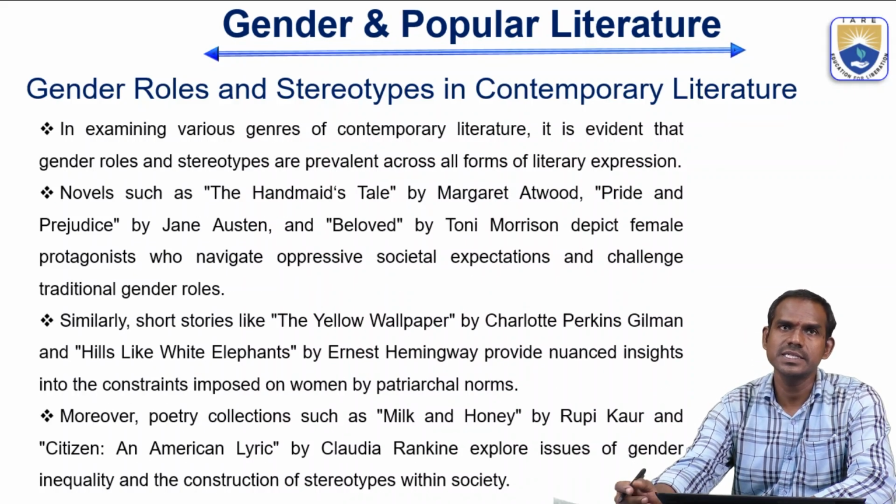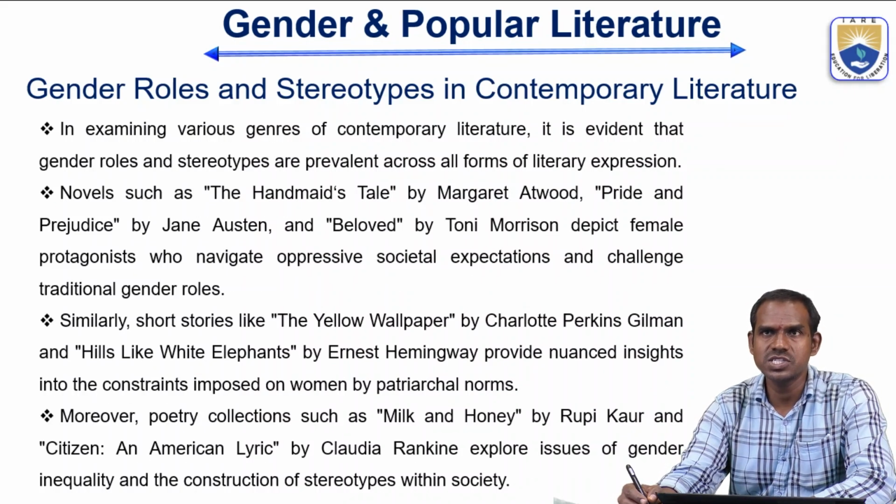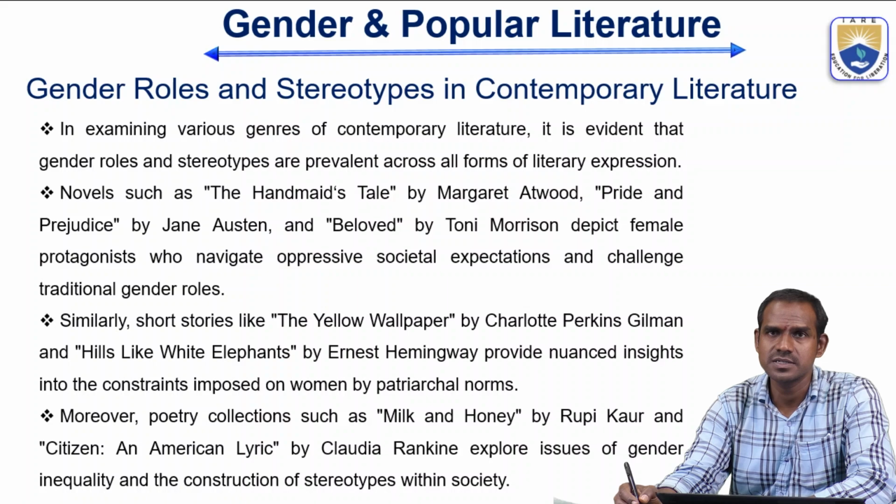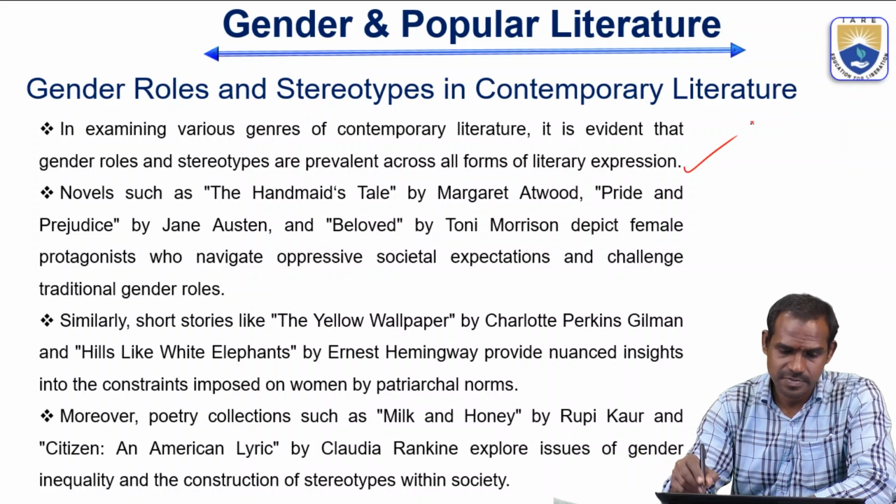And the next content is gender roles and stereotypes in contemporary literature. In examining various genres of contemporary literature, it is evident that gender roles and stereotypes are prevalent, means they exist, they are common across all forms of literary expression.